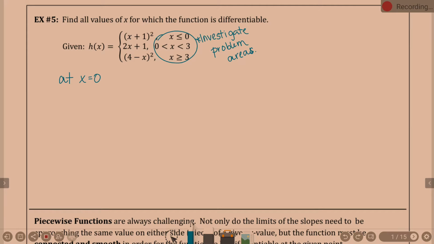If we look at the left, it is x plus 1 squared. The right is going to be 2x plus 1. Looks like I just set it up as an equation. In other words, let's work each side and see, at x equals 0, are these equal?